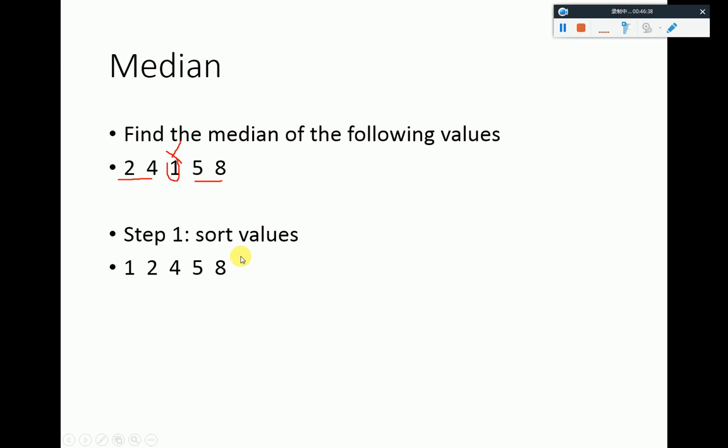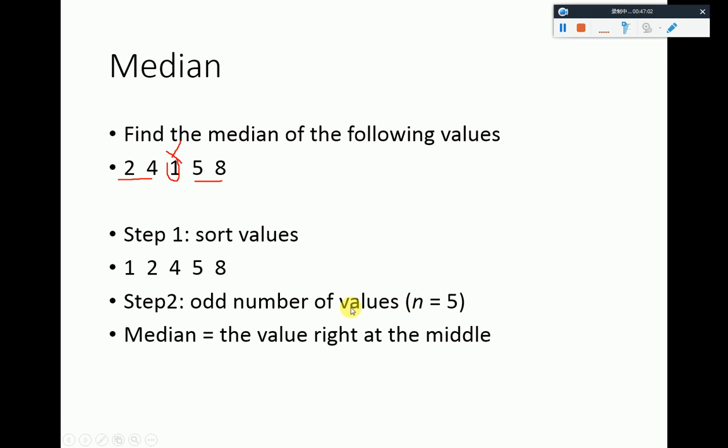So if we sort these 5 values in ascending order, it will be 1, 2, 4, 5, 8. The second step is to determine whether the number of values in this sample is odd or even. So we have 1, 2, 3, 4, 5. 5 is odd, right? Then the median will be the value that is right at the middle of the sample. So it'll be 4. Sorry about that. The correct answer is 4. That's the median.